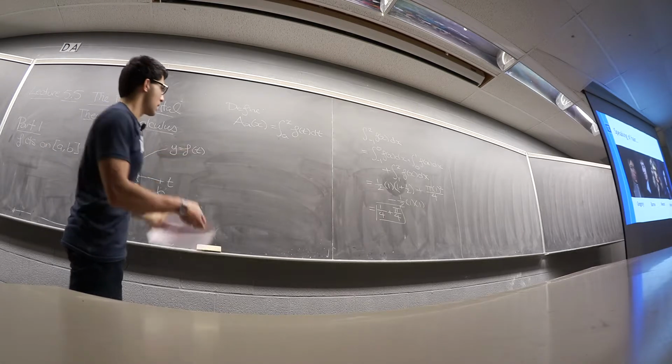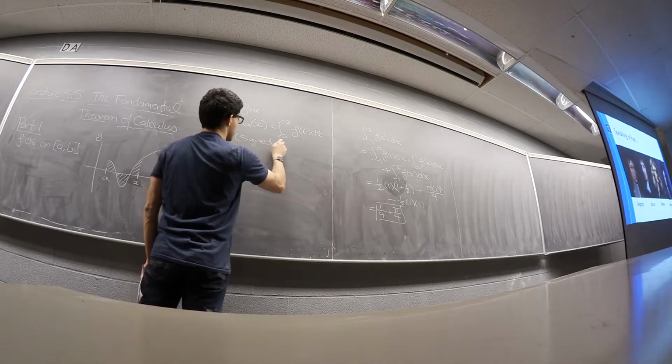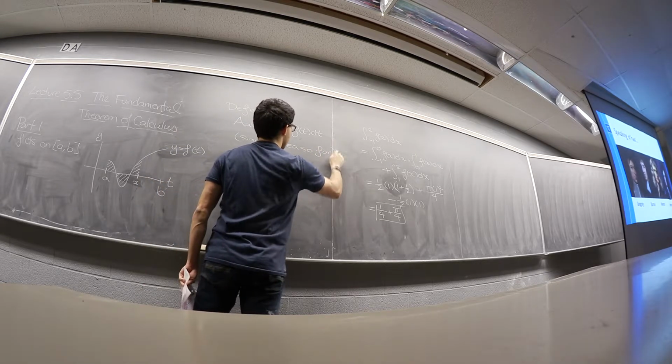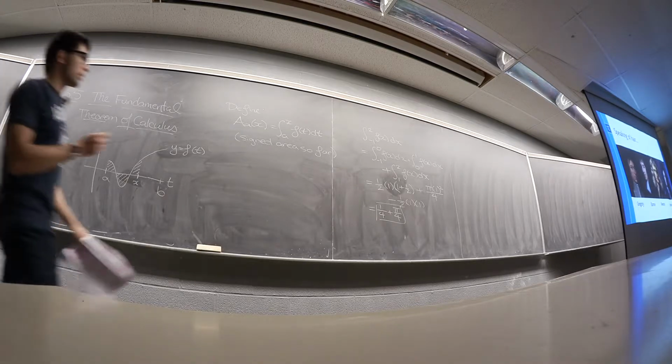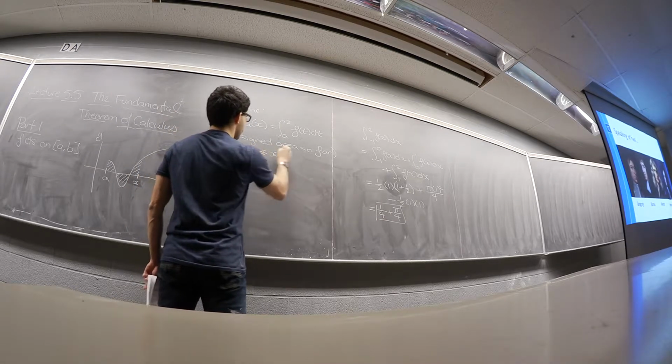So this is the signed area so far function, or net area so far, up to x. And as I said before, x can be anywhere between a and b.